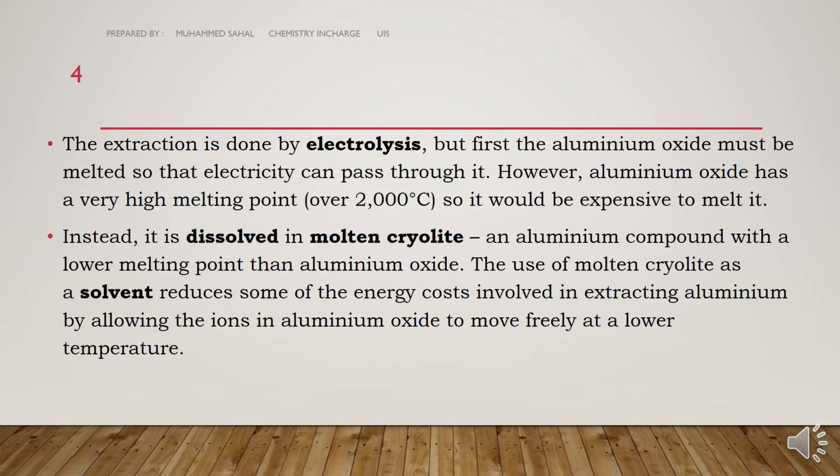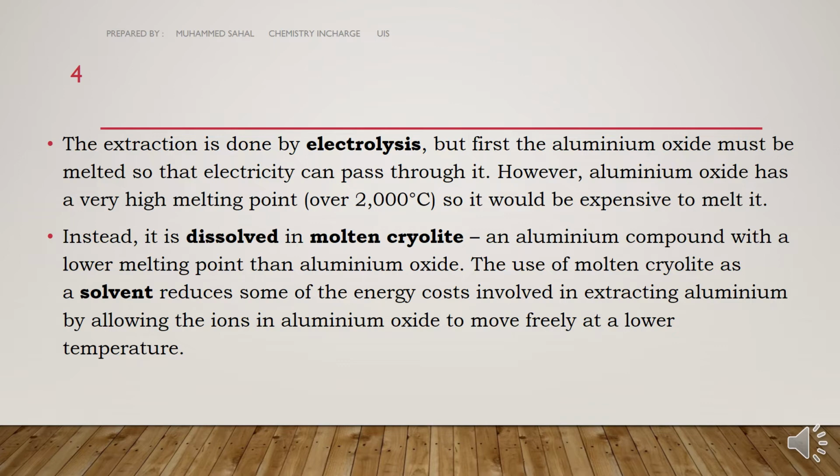Then the purified aluminum oxide is dissolved in molten cryolite. Using this molten cryolite helps to reduce the melting point of pure aluminum oxide, because the melting point of pure aluminum oxide is 2017 degrees Celsius.